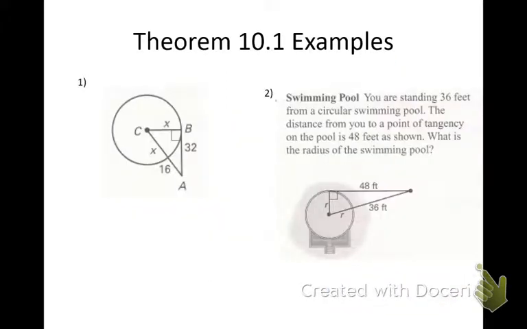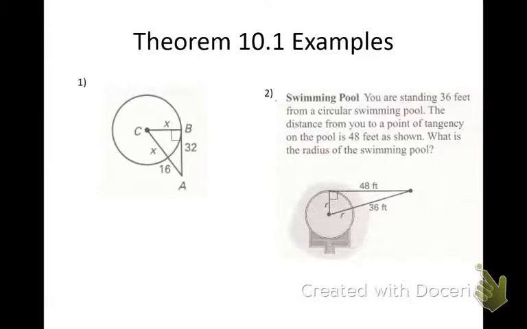Some examples. Number one, we have to find x. How do you think I could find x? Aaron, how would I find x? Pythagorean theorem, right. So at the side AC, you have to be careful.